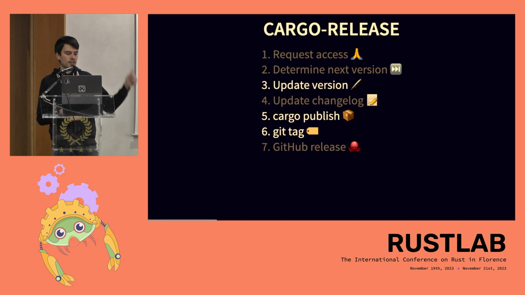So it updates the version automatically once you tell it what you want to update, so major, minor, or patch. Then it runs cargo publish and git tag. It can run the changelog update if you integrate it with other tools, but it is not done by default.